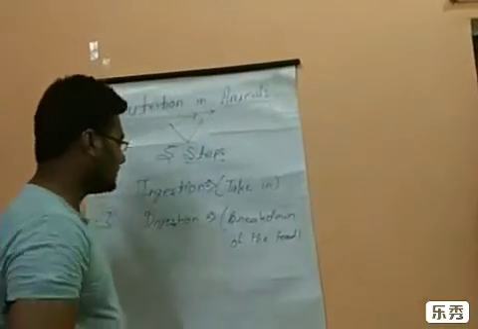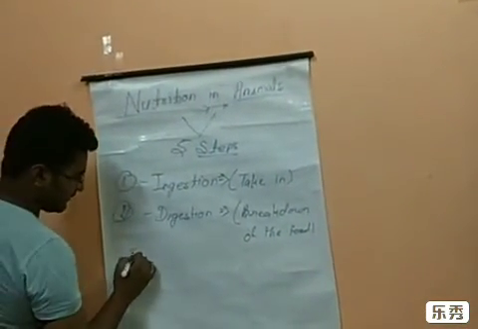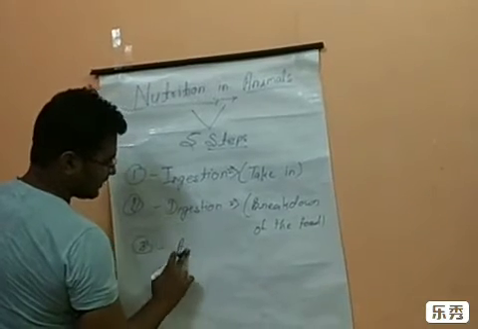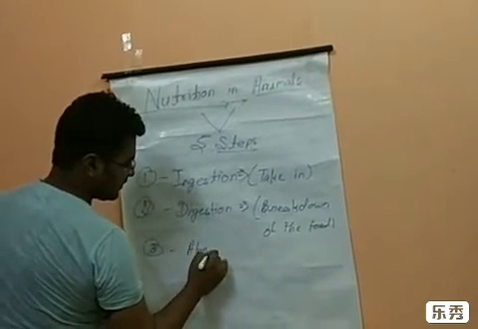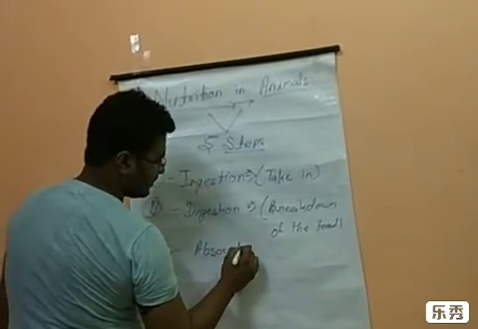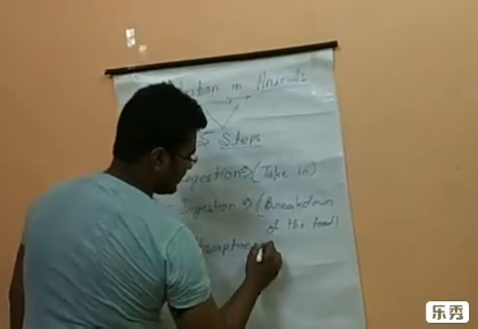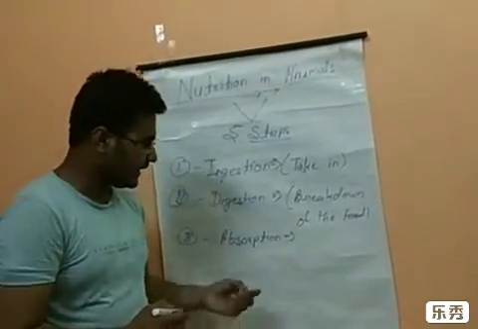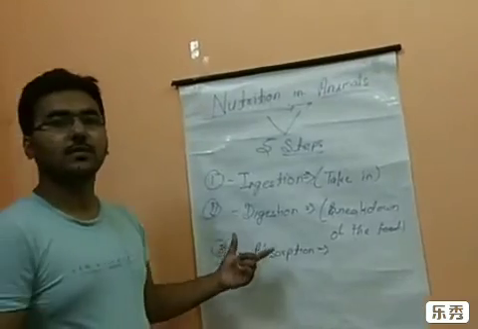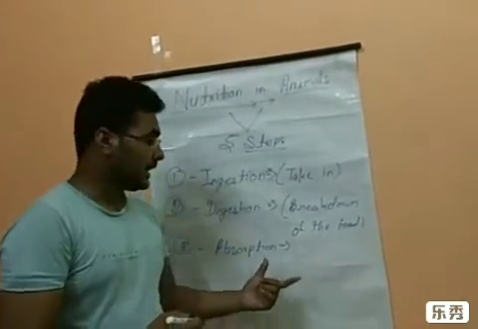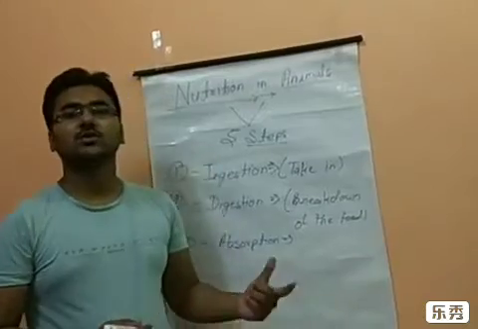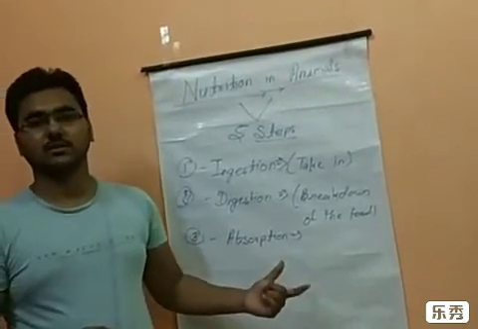Then the third step is absorption. By its name, you can guess that in this process, the broken food particles are taken for further processes so that energy can be released.